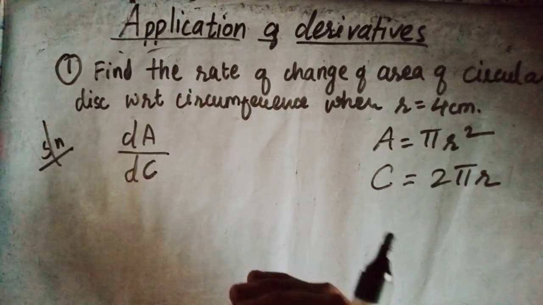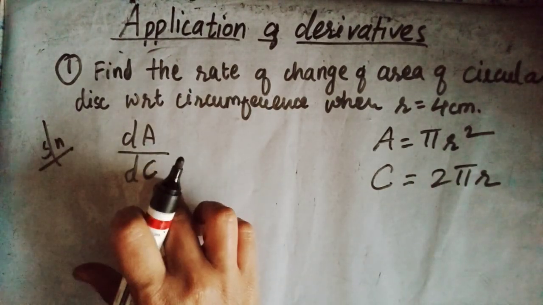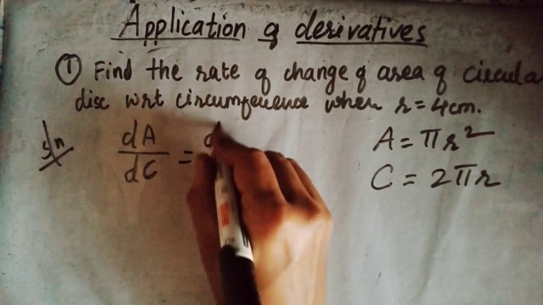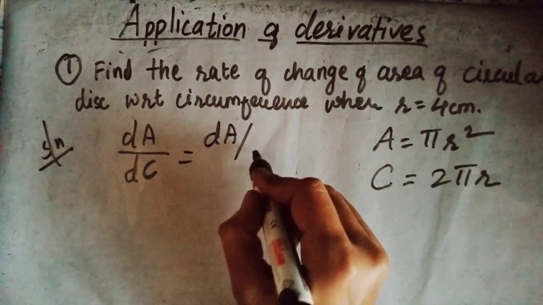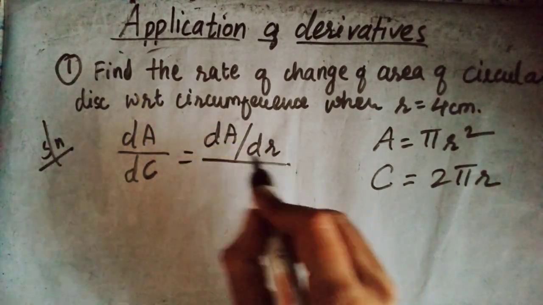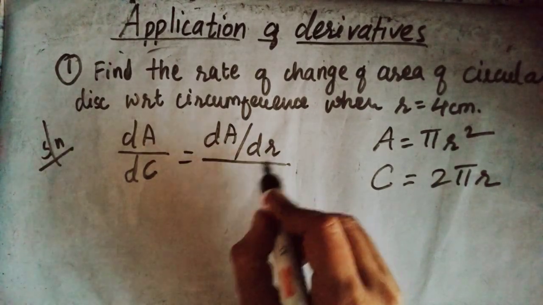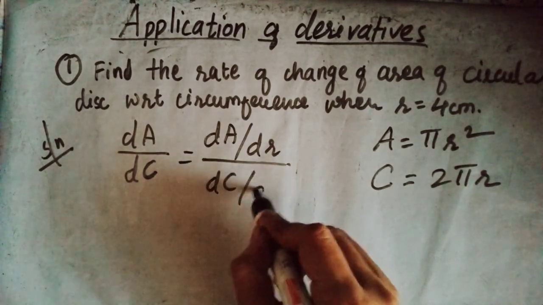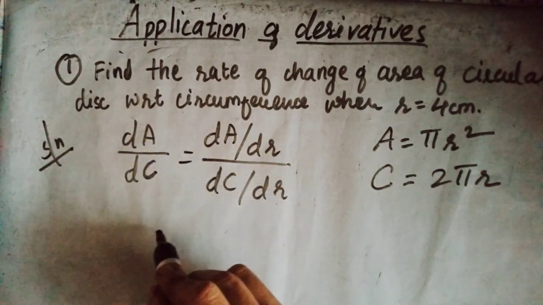So you have to bring r in this. So you have to take this with respect to r. Area changing with respect to r, and circumference changing with respect to r.